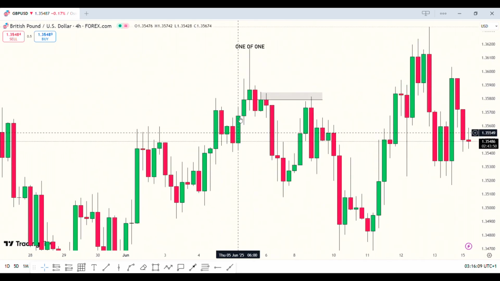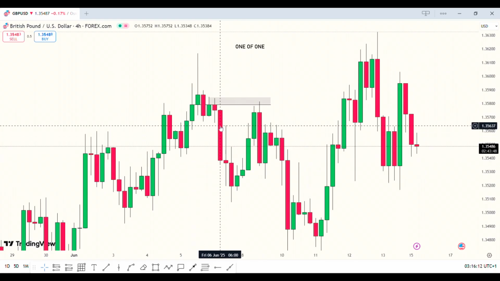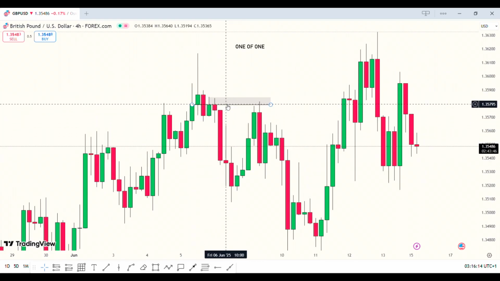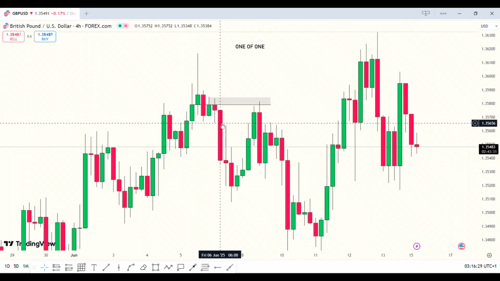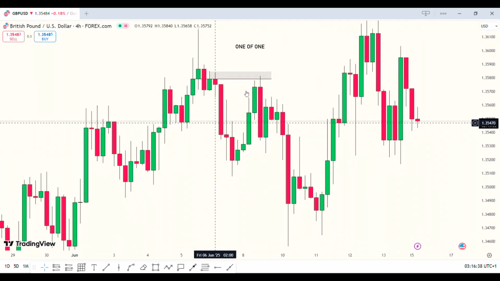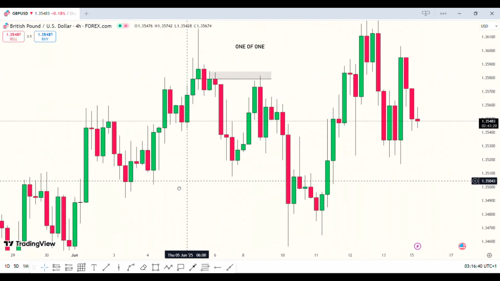But usually, if I find a single price POI within the same time frame of the major POI, and if the risk to reward is quite decent, I am going to leave it on that time frame. I would not want to go lower, because the lower you go, the more complicated things get. All right, so this is one.